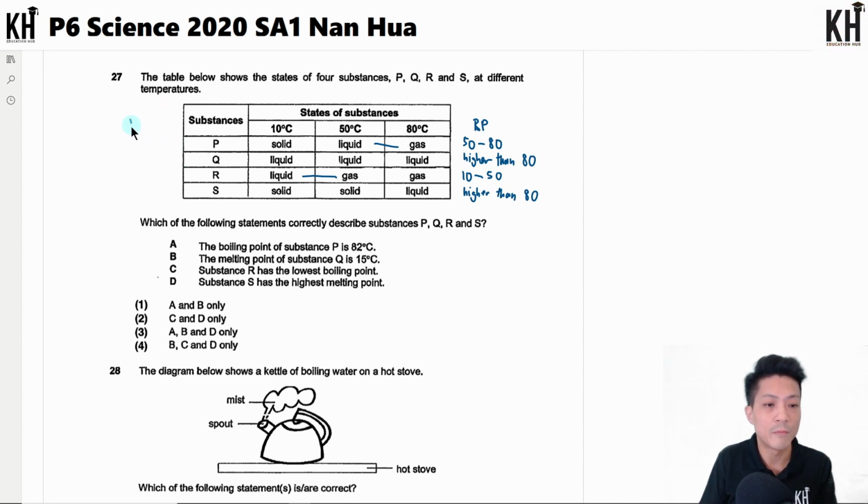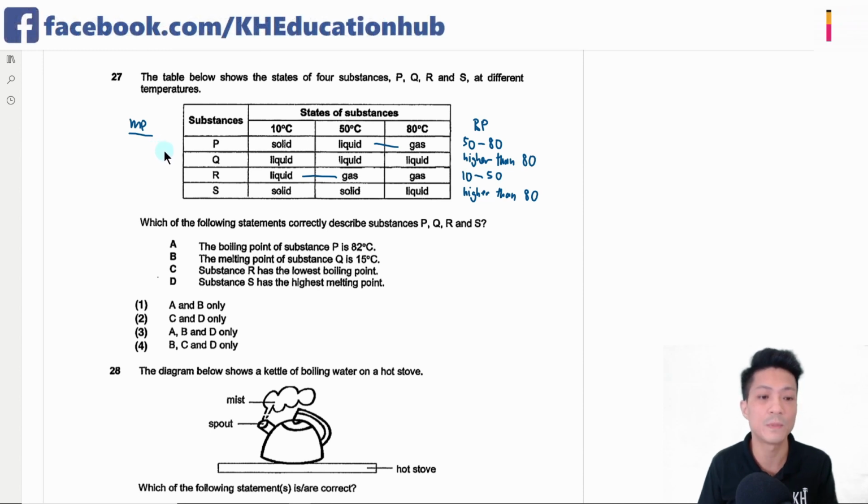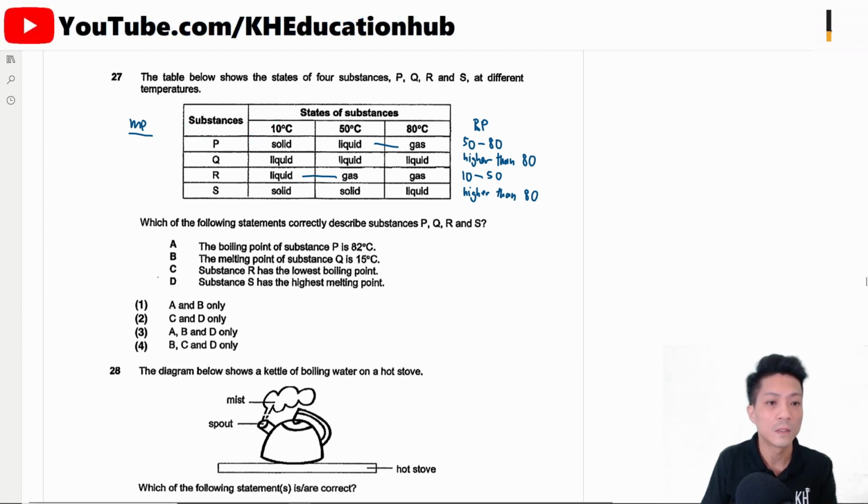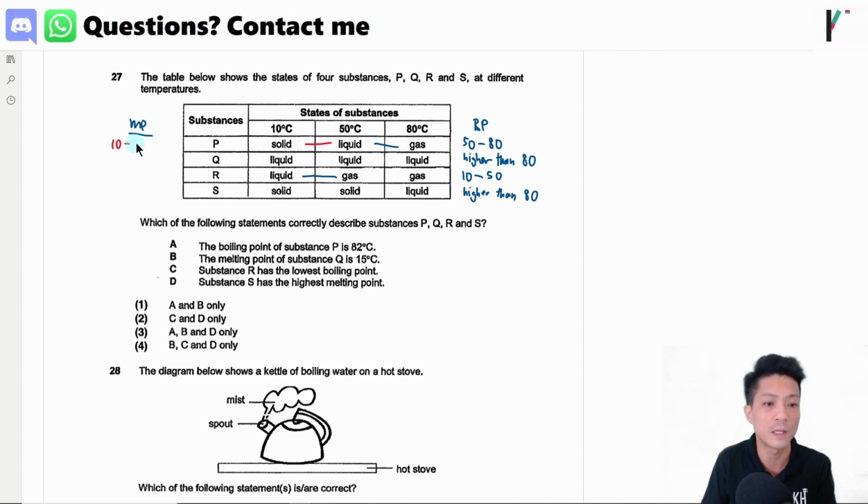I'm going to write the melting point over here. Melting point, remember, is the temperature at which a substance changes from solid to liquid. I can use a red color, solid to liquid. So the melting point for substance P is 10 to 50.